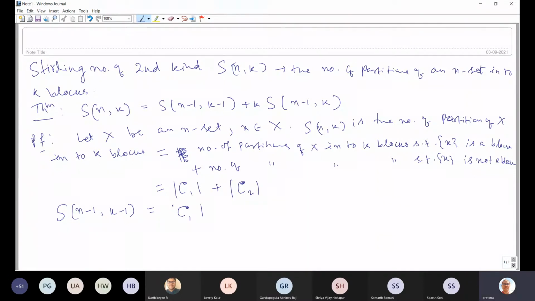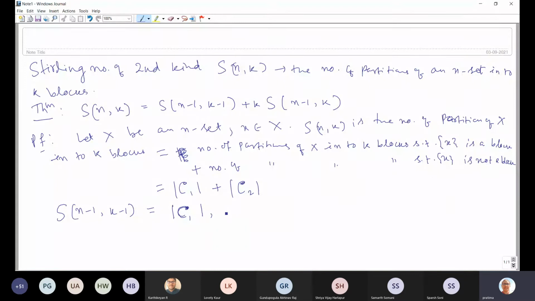So the cardinality of C1 is equal to the number of partitions of an n-1 set into k-1 blocks.